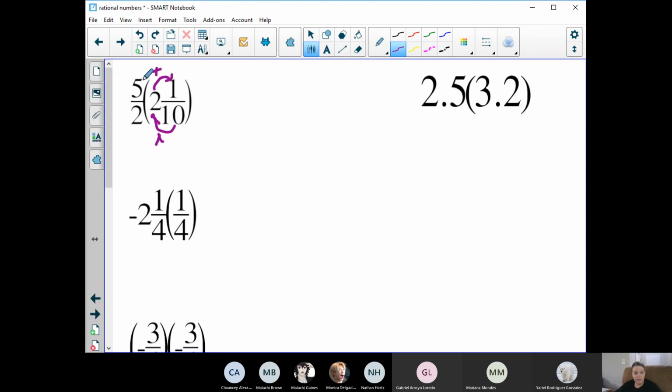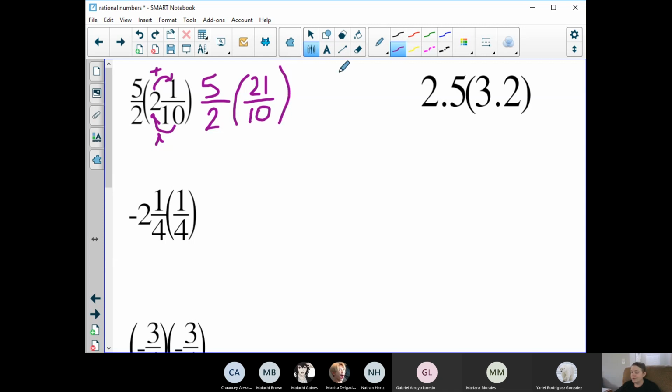So 10 times 2 is 20, plus 1 is 21. And I'm going to rewrite that as 5 halves times my new numerator, 21, and my denominator stays 10.